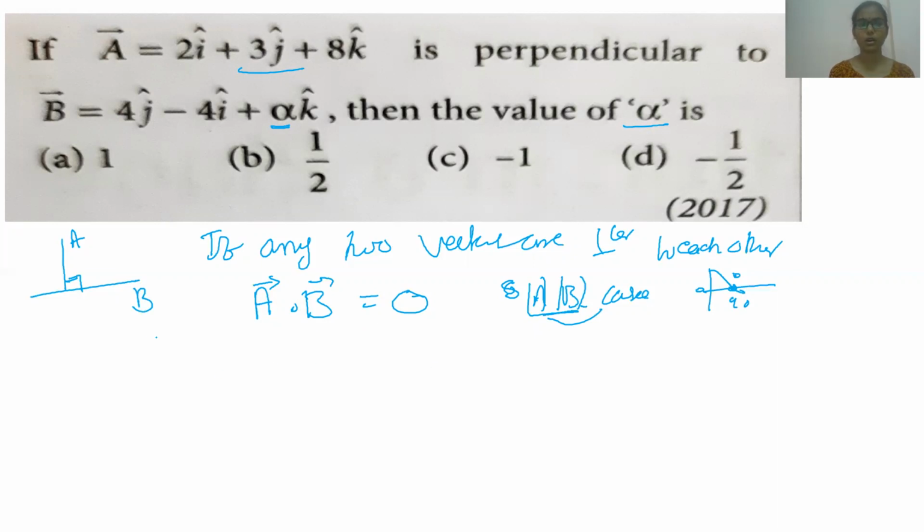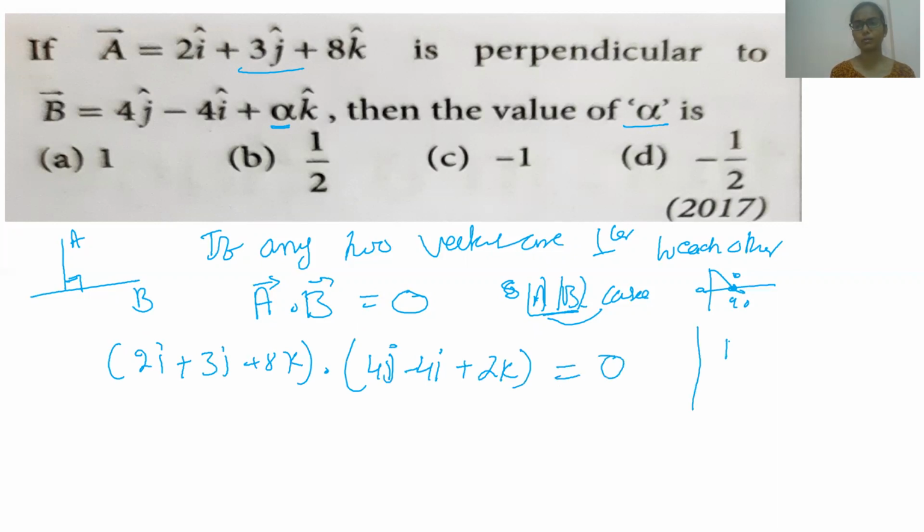Now, if you do the dot product of the two vectors, let us write vector A as 2i plus 3j plus 8k, dot product with 4j minus 4i plus alpha k. This is what is given, and that will be equal to 0.